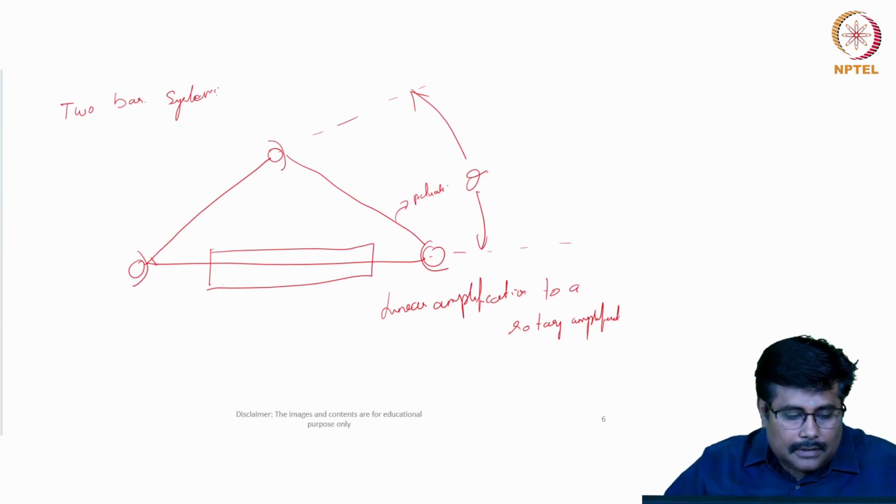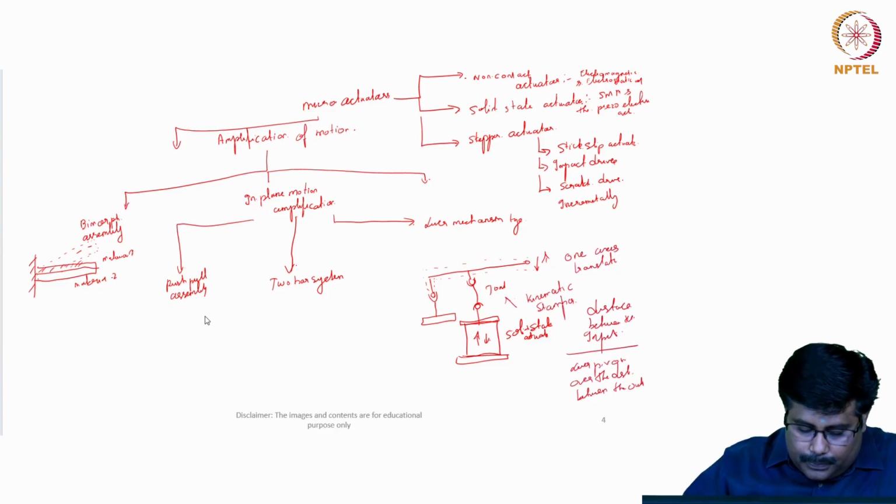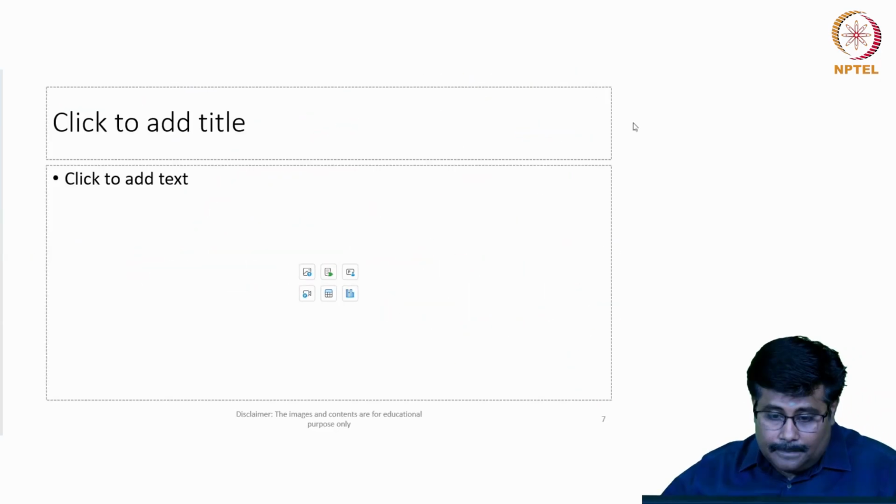The other mechanism which is available, which we call a push-pull mechanism or a push-pull assembly. So as far as this push-pull assembly is concerned, the configuration looks something like this.